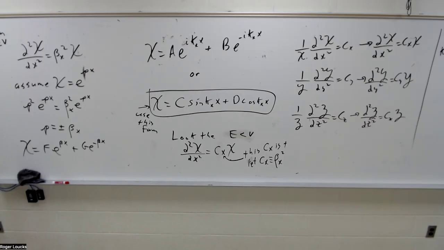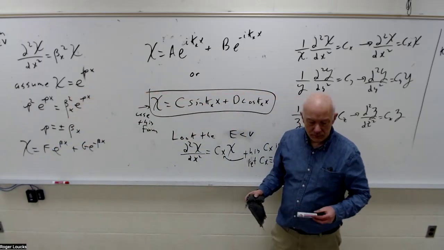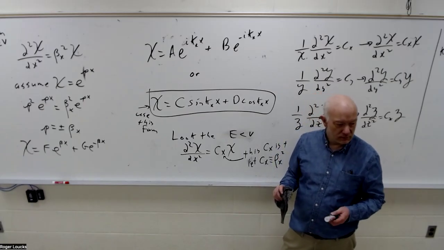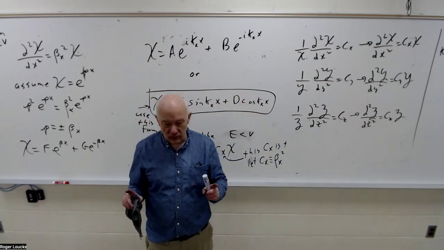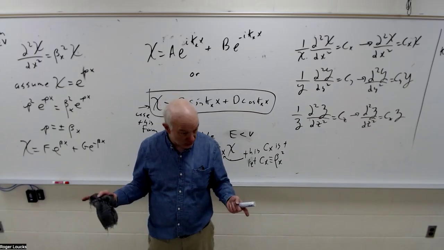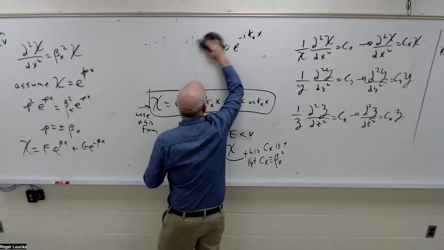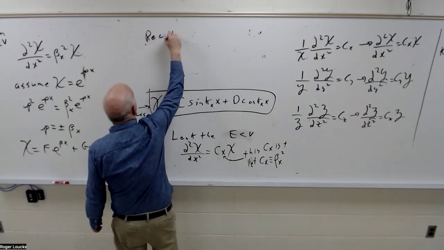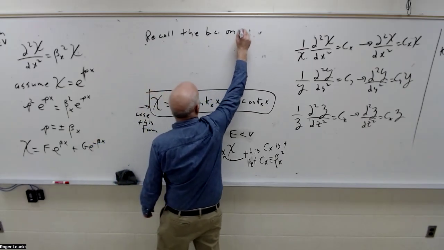Okay. Let's look at our little picture here again. Do we have any boundary conditions that have to be met? What are the boundary conditions we have on psi? They have to be equal. Yes, we know that psi 1 has to equal psi 2 at some boundary. Okay, so let's write this down. Recall the boundary conditions on psi.